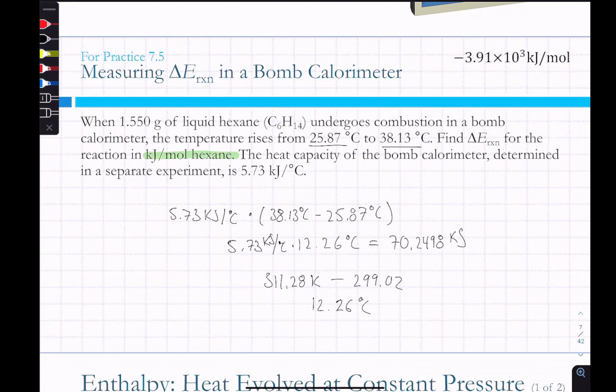We could do that by taking our 1.550 grams of liquid hexane, C6H14, and converting this into moles. So 86.2 grams of C6H14 is 1 mole.